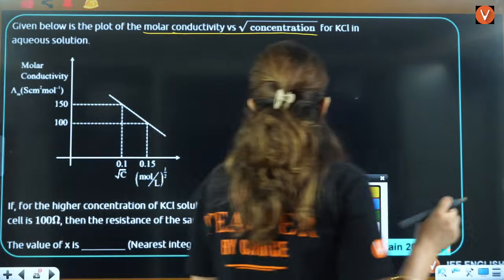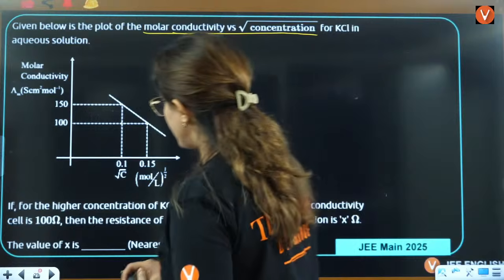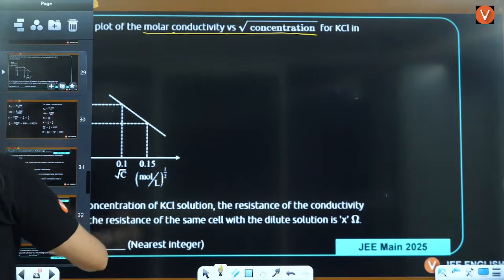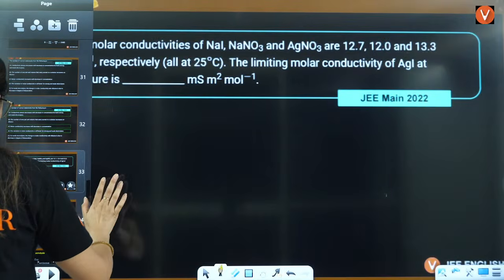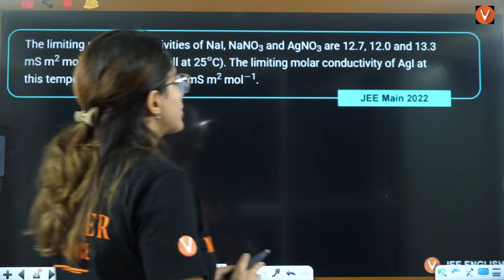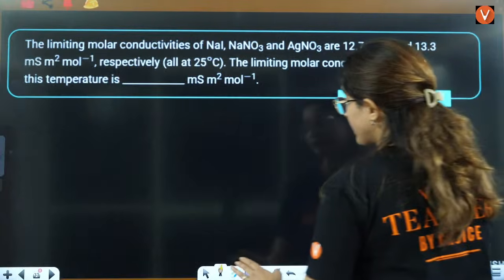So you can see this over here, this one we will not talk about at this point. First we will talk about this question, which was asked in JEE 2022.